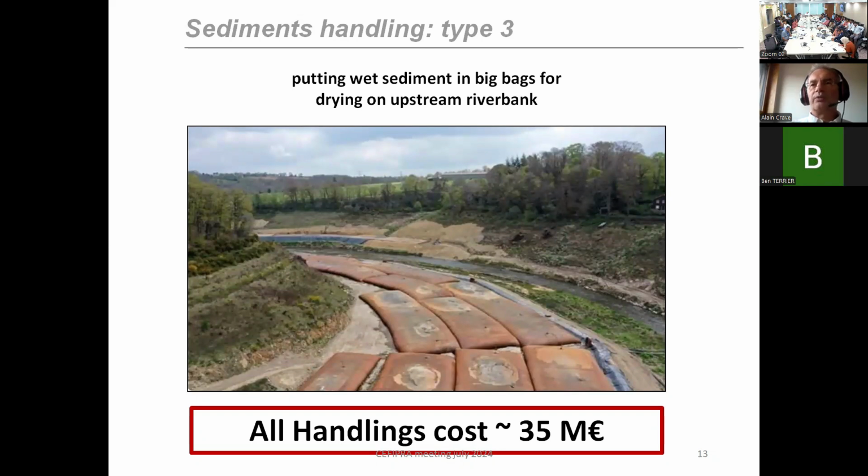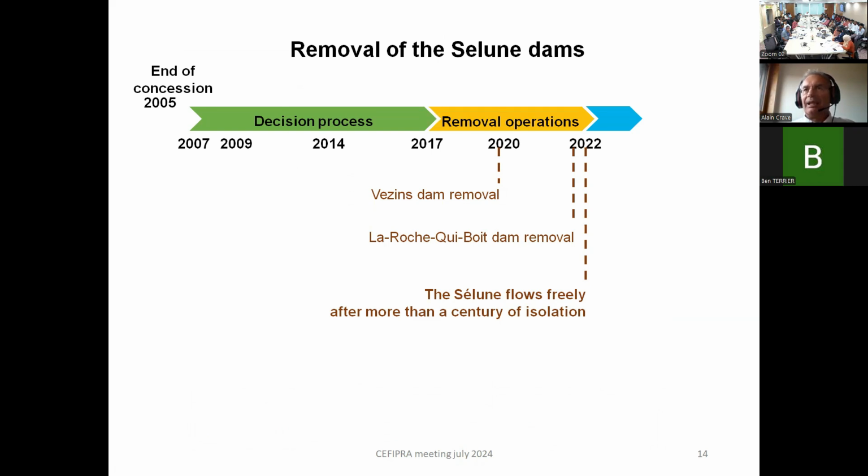The cost of all this handling has been estimated at 35 million euros. So it's quite a big operation for this kind of restoration. This operation has been done, I would say, over maybe 20 years.